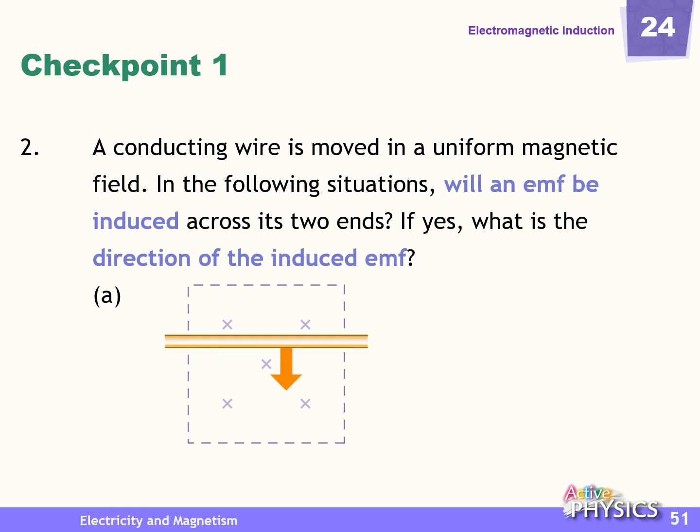Now, a conducting wire is moved in a uniform magnetic field. In the following situations, will an EMF be induced across the two ends? If yes, what is the direction of the induced EMF?